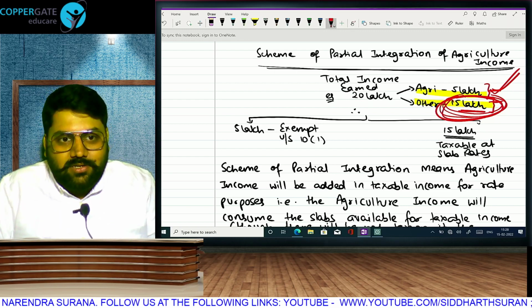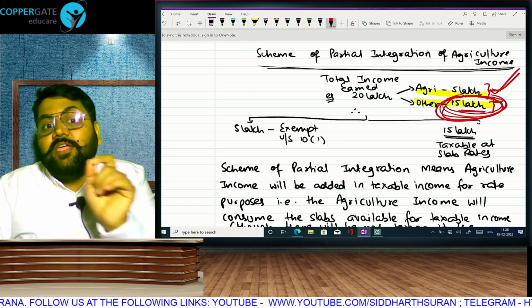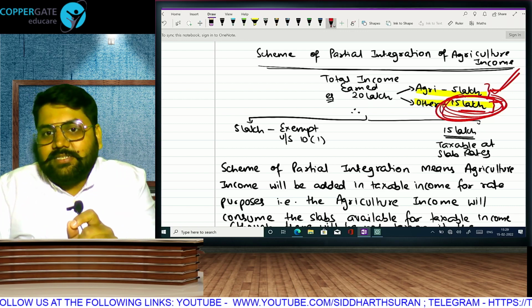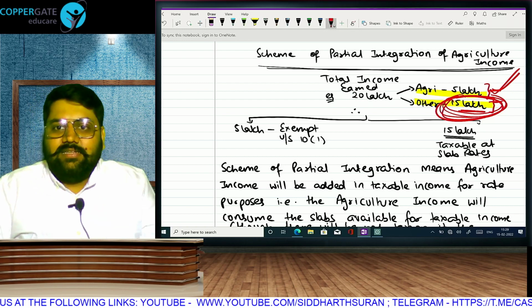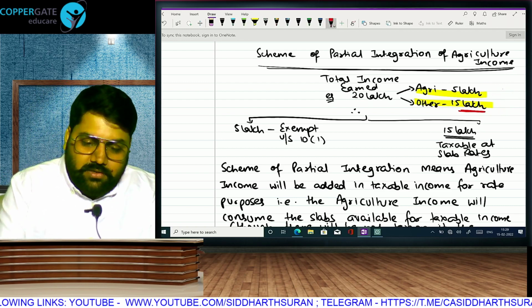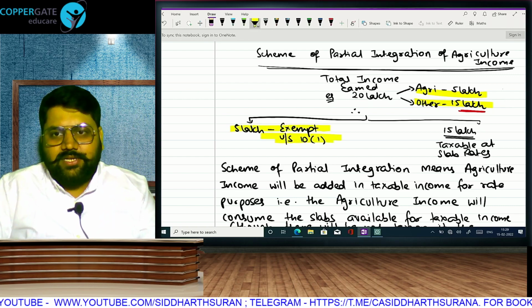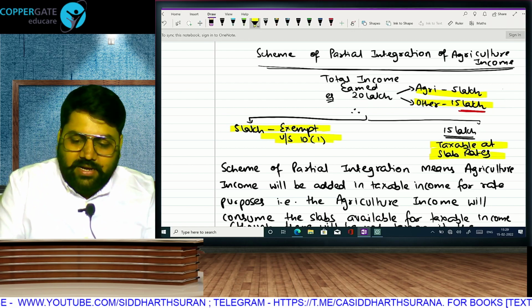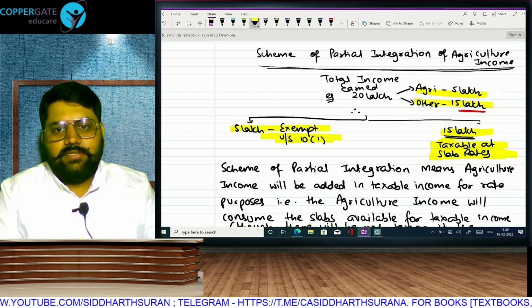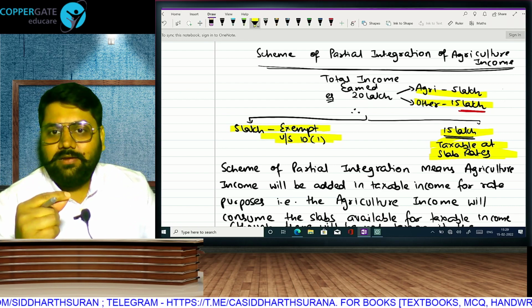For assessees who have taken exemption of agriculture income, the other income will be taxable at higher rates. That's the scheme of partial integration. Agriculture income 5 lakh is exempt under section 10(1), and other income 15 lakh is taxable at slab rates, but the rate will be higher.